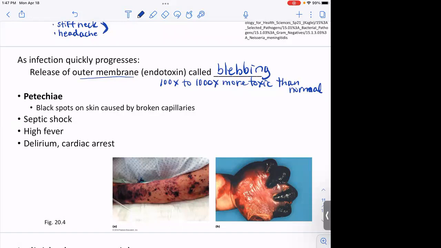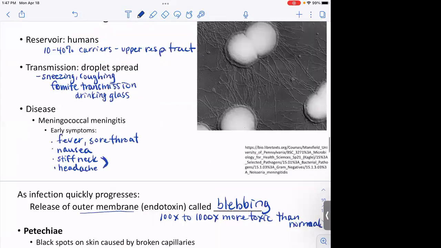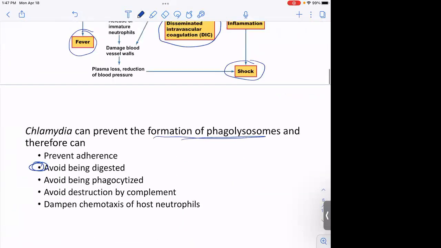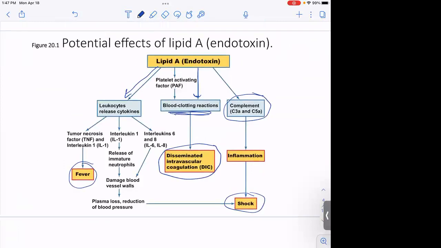If you remember that little graphic that we talked about last time, the effects of lipid A include things like inflammation. If you get enough inflammation, the patient's blood pressure can go down, and they can go into shock.